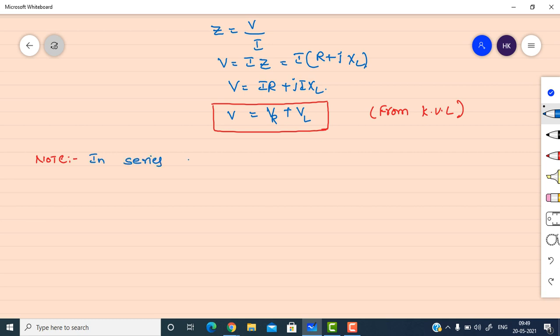So in series circuit, take current as reference phasor. Now let's draw the phasor diagram for this circuit.